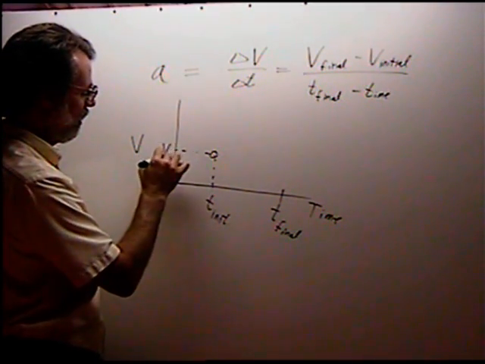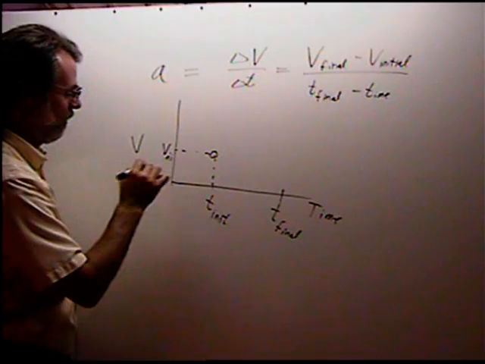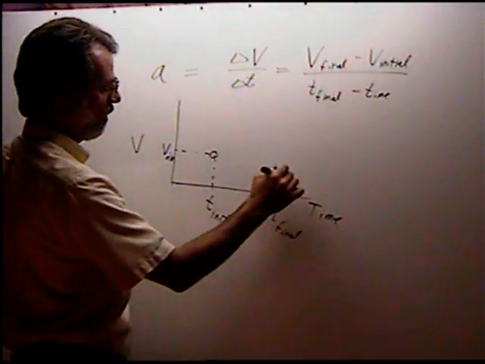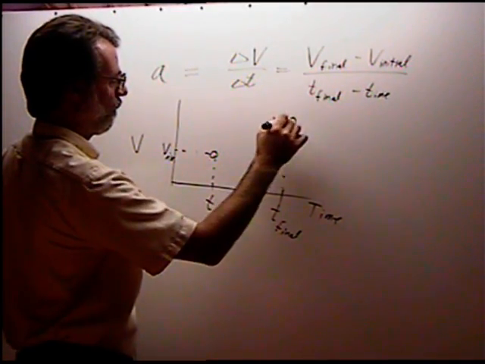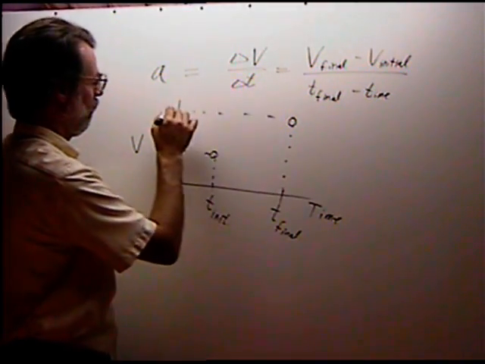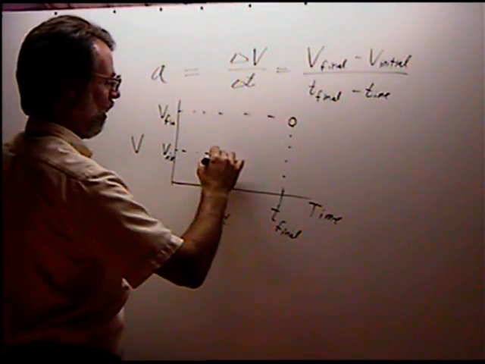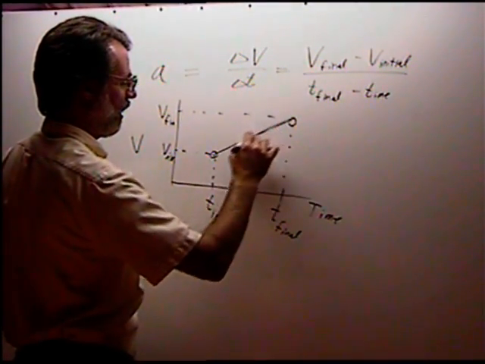We'll call it V initial. And at the other time, we have another velocity, which is the final velocity. And we draw a straight line between the two.